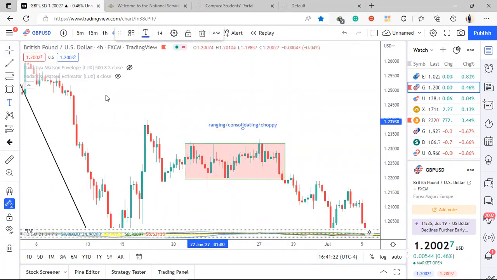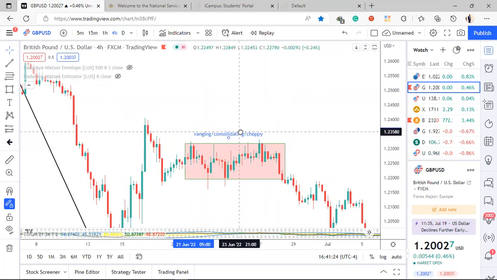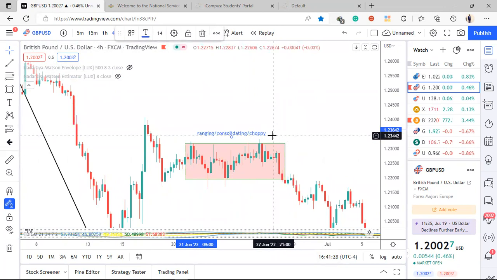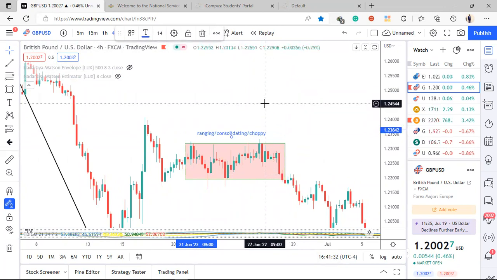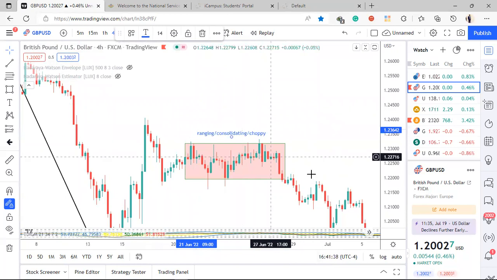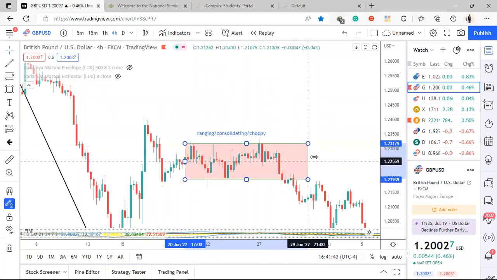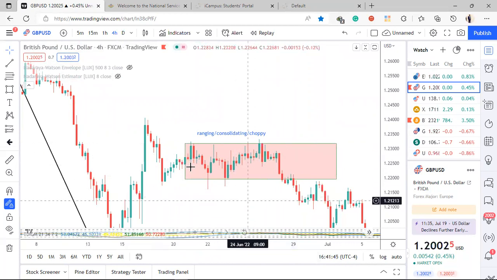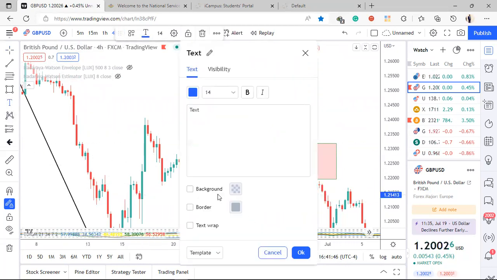Why do we say it's a ranging market? Because there is an indecision between buyers and sellers. You don't know whether the market is going up or going down. So in this type of market, we wait for what we call a breakout.